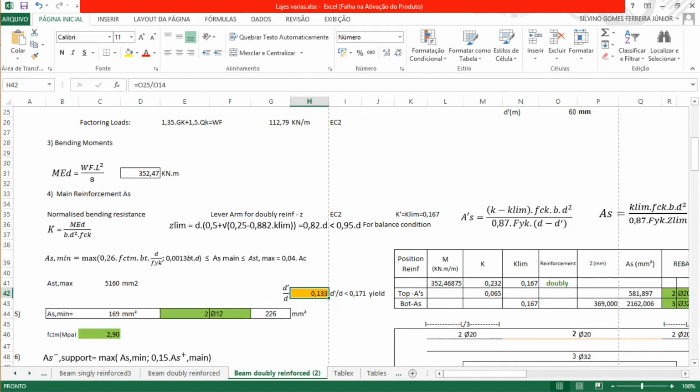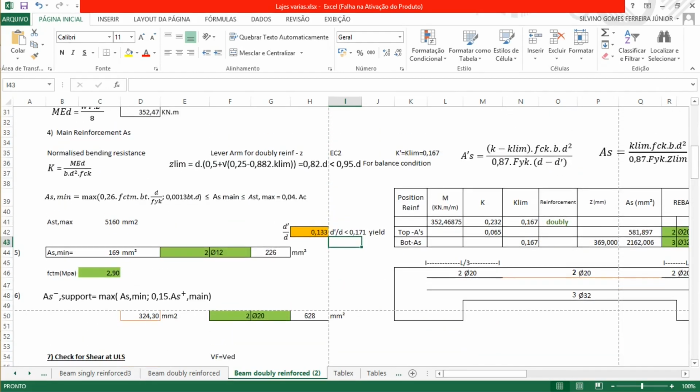And we know that if it's less than 0.171, a fixed value, the steel will yield, so it's safe. We can continue. If it didn't yield, we would have to recalculate the dimensions. It has to be smaller than 0.171.